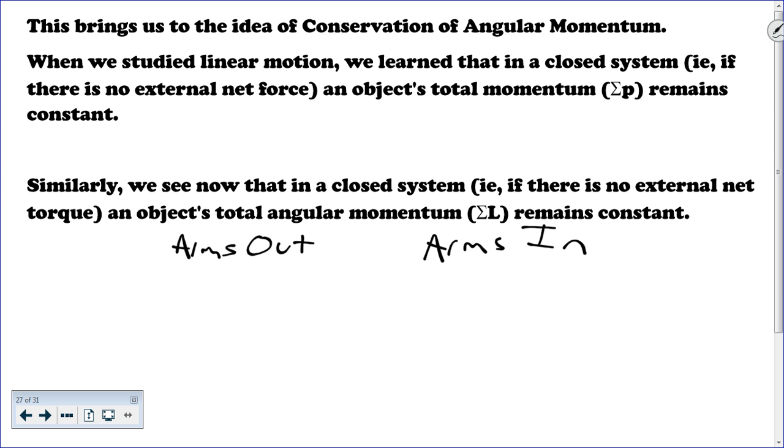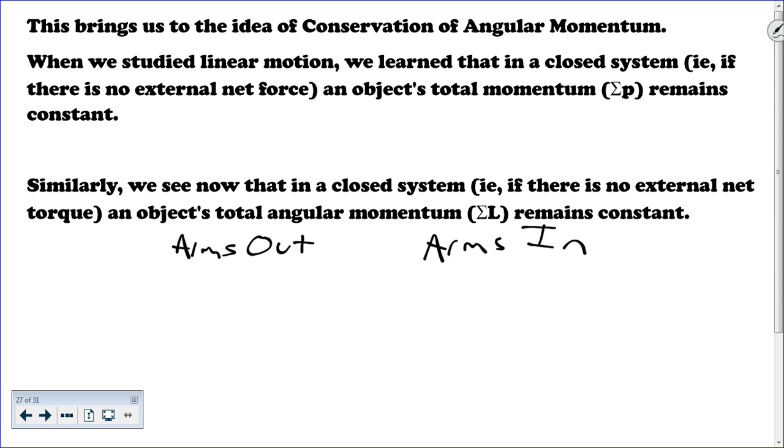Now, think about this. When I pull the bricks in, am I producing torque? No, because my lever arm is straight out the length of my arms, and all of my force is inwards along the radius, so there's no perpendicular component of the force. Follow? So I'm not producing torque when I pull my arms in.